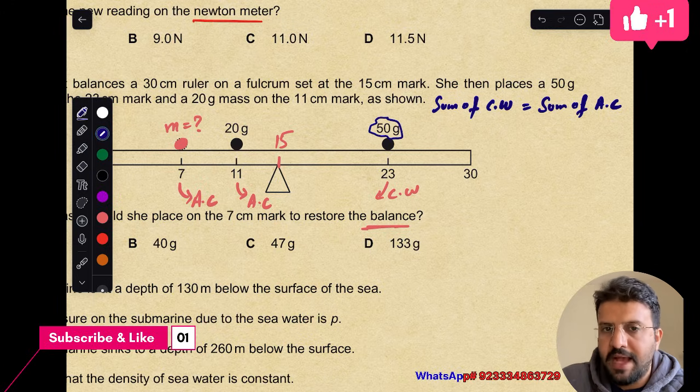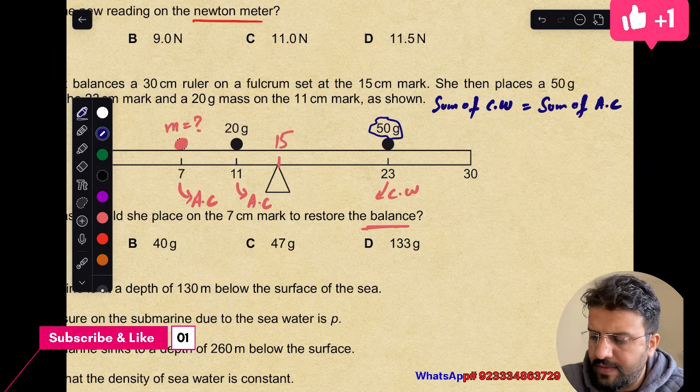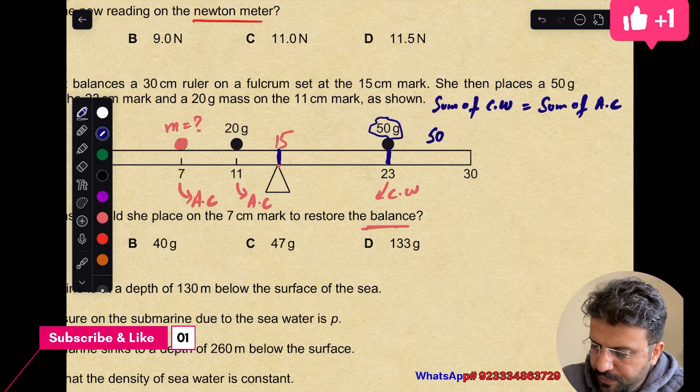I'm taking this mass as the weight, it will not make a difference. The distance will be from the pivot point to the point of action of the force. So it is 15, that is 23, so that will give me 8, right?